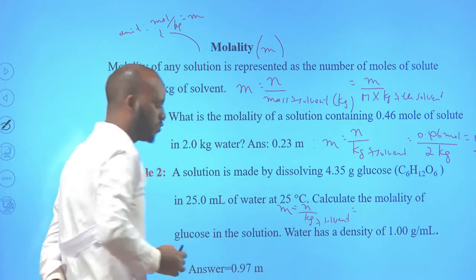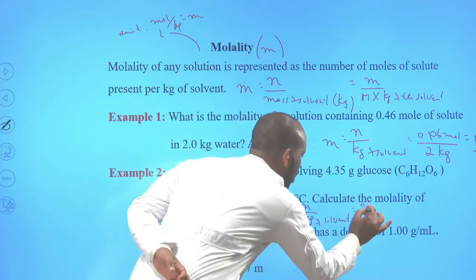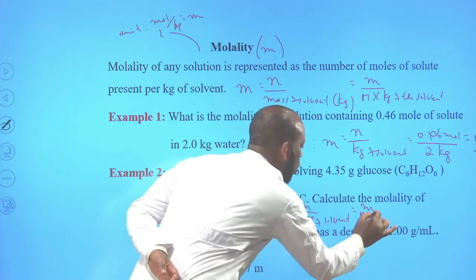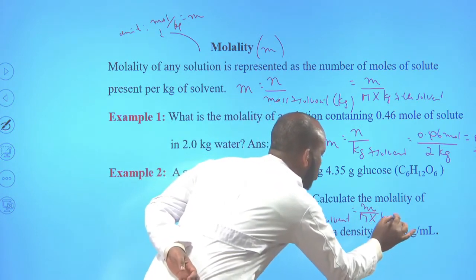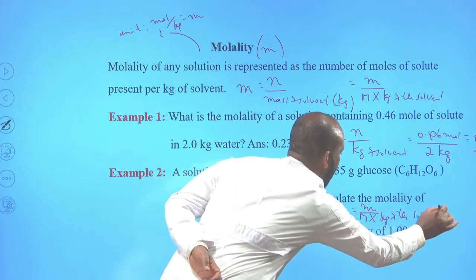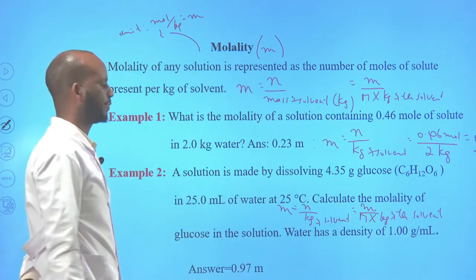But the number of moles of solute is the mass of the solute divided by the molar mass of the solute, and the denominator is the kilogram of the solvent.